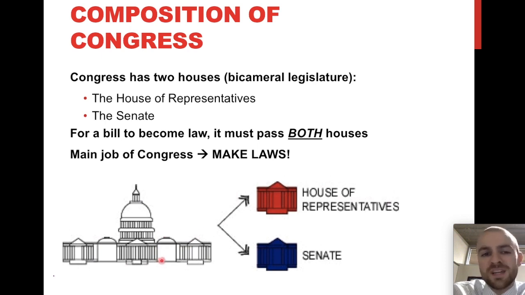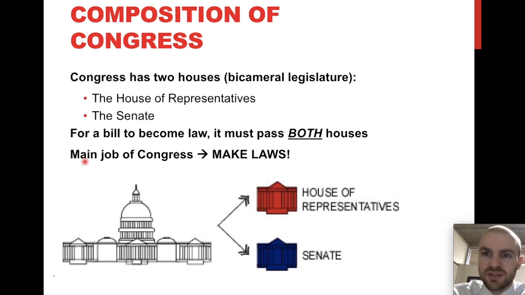For a bill to become law, it must pass both houses. It can't just pass the House or just pass the Senate. It has to pass both chambers of Congress. Then the main job of Congress is to make laws.